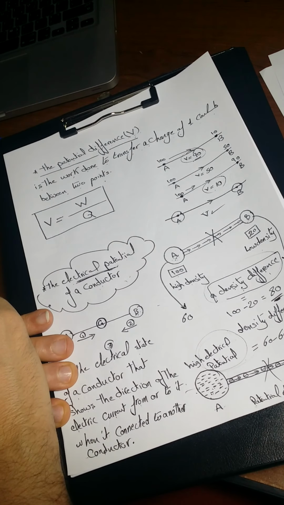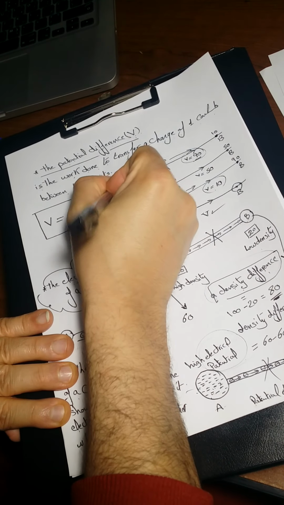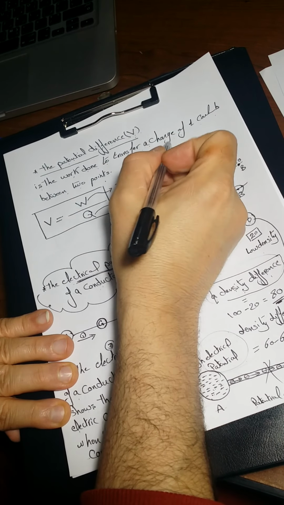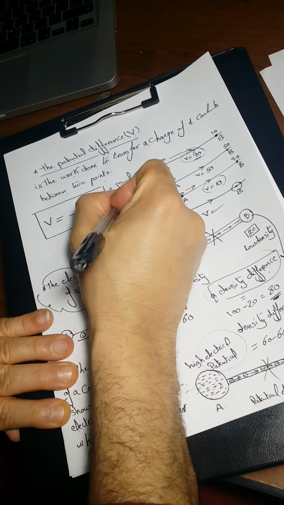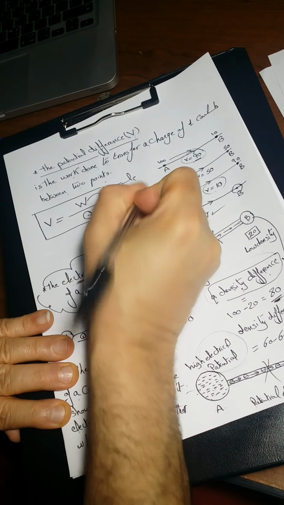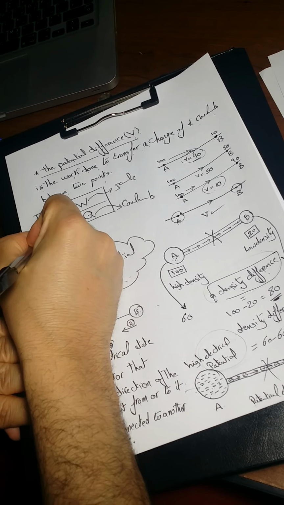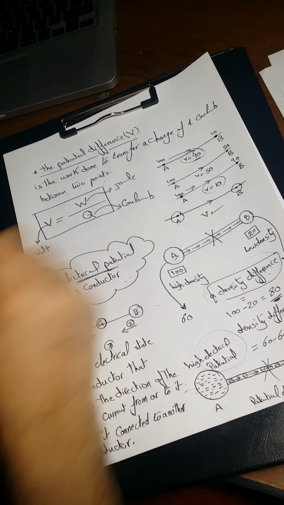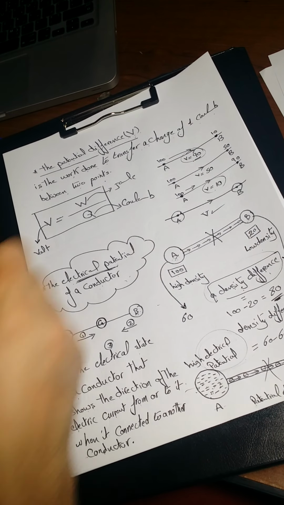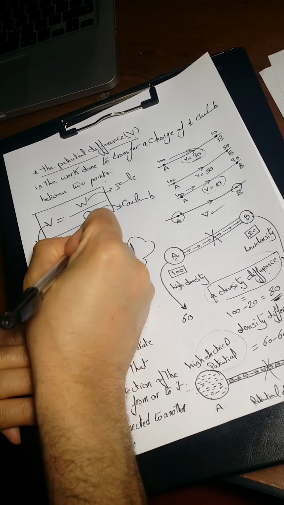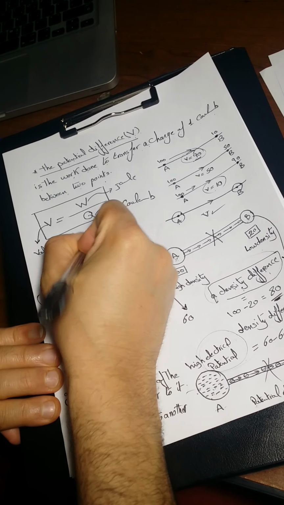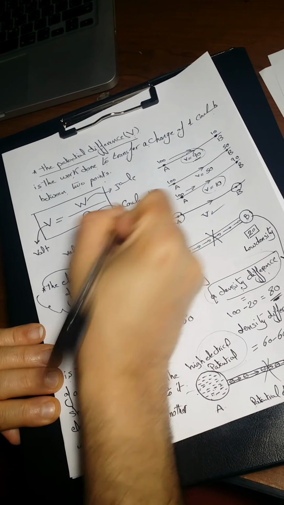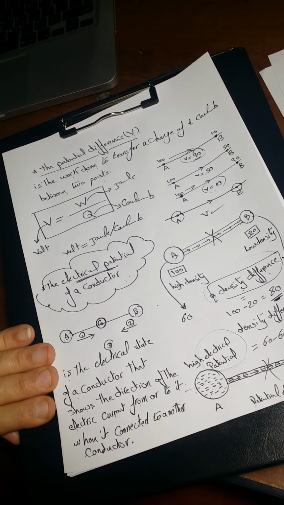W is what, guys? W is the work in joule. Q is the quantity of electricity or the electric charge in coulomb. In this case, the measuring unit of the potential difference is the volt. Volt is equivalent to what? Joule per coulomb.